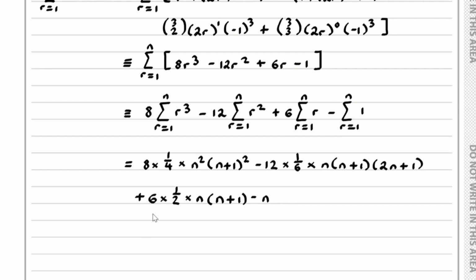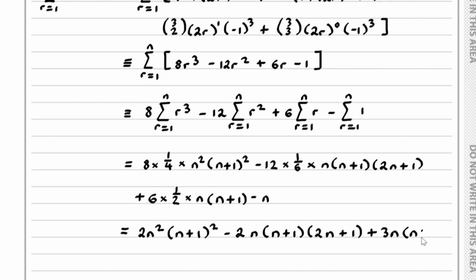So let's continue to work all of this out. 8 times a quarter, that's 2. So we've got 2n squared, lots of (n plus 1) squared, minus 12 times 1/6, that's minus 2. So we've got minus 2n, lots of (n plus 1), lots of (2n plus 1). Then we've got 6 times a half, which is 3. So we add on 3n, lots of (n plus 1), and then we subtract n.